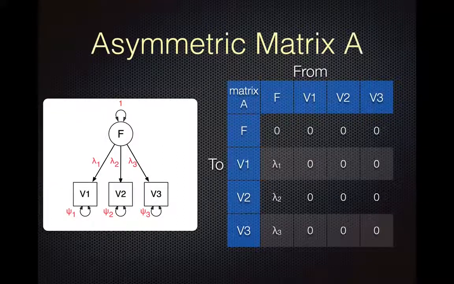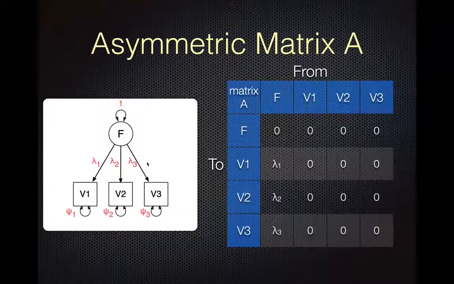The single-headed arrows in this figure are also arranged in a matrix with exactly the same number of rows and columns. But these, in this case, are organized. Because this is an asymmetric matrix, the from and the to could be quite different. If there was another arrow going from V1 back to F, that would appear instead of a 0 in the V1 to F element of this matrix.